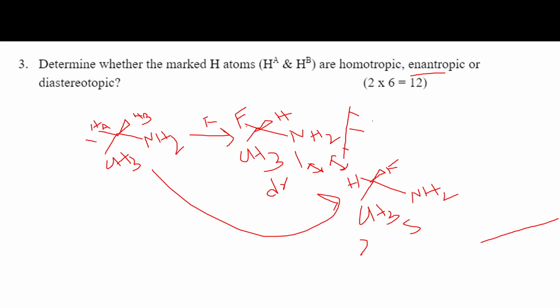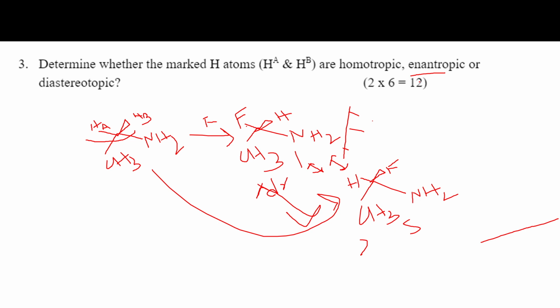So between these two, we replace this Ha by fluorine, then the other Hb by fluorine, then find the relation between the two molecules. If they are mirror images of each other and these mirror images are non-superimposable, then that is an enantiotopic relation.